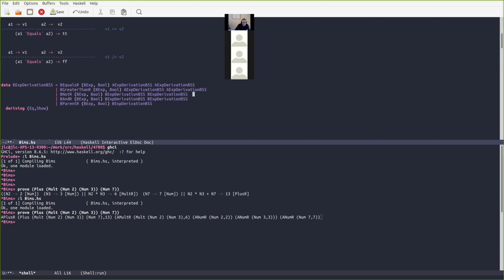Now not takes a single B expression derivation. And takes two, and that takes a single one. So there's the data type for these B expression derivations. Okay?